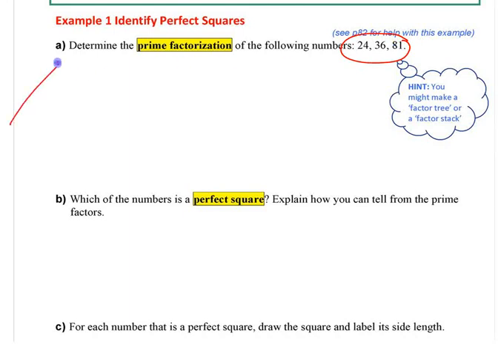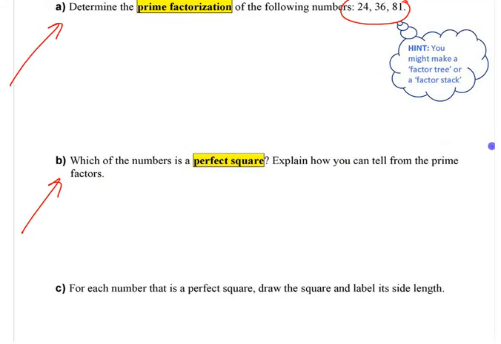This is telling you to factor the numbers and explain how you can tell. Explain how you can tell from the prime factors. Don't just say yes, no, no, yes, no. The key is being able to explain how you can tell from their prime factors. So this would be good if it was nicely written out, where you had its factorization for each one, and then here you explained.